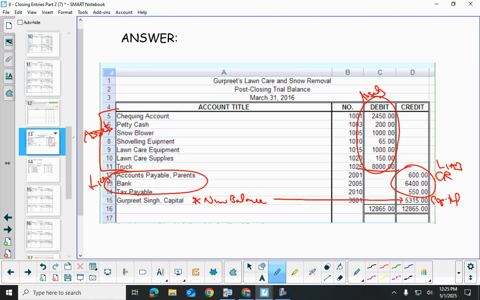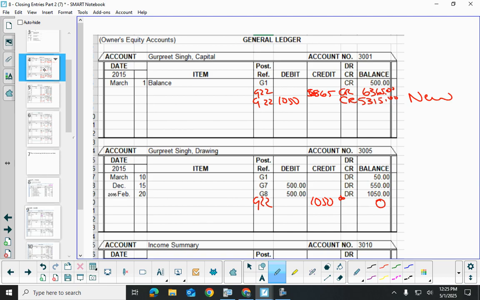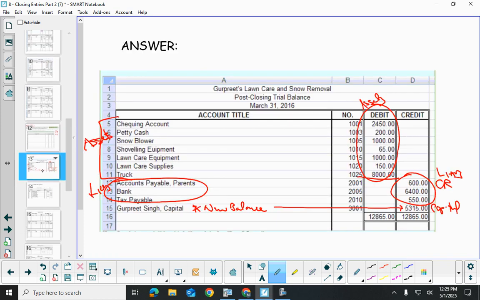So that 5315, that is what we calculated right here, 5315. Now, if you have done it right, your debits and credits will be equal.